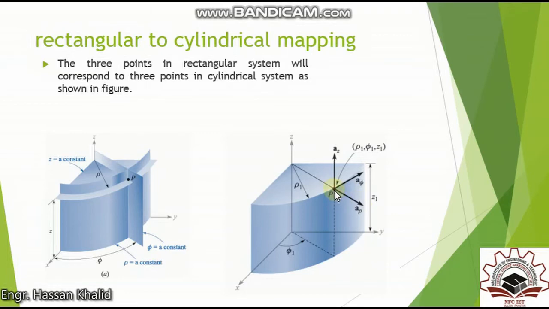Now at the point P, three unit vectors have been extended. The unit vector A rho is radially directed outward, the unit vector A phi, that was the angle, is directed in the direction of the plane, and the unit vector AZ is the same as that of the z axis vector that was discussed in the rectangular coordinate system as well.